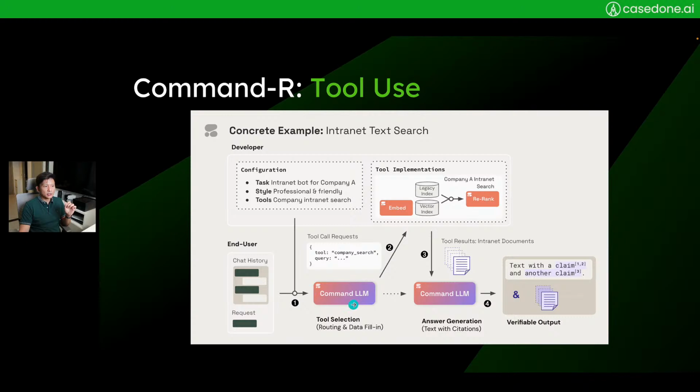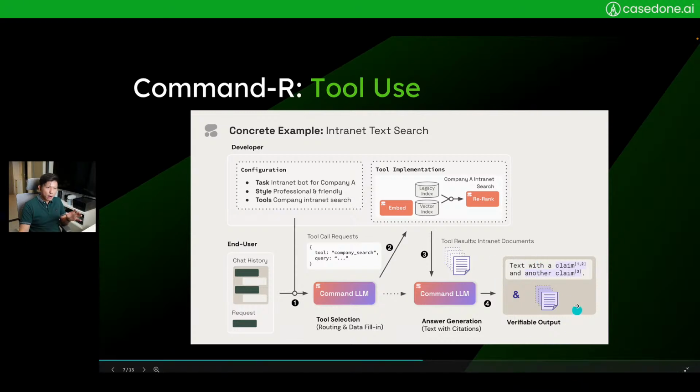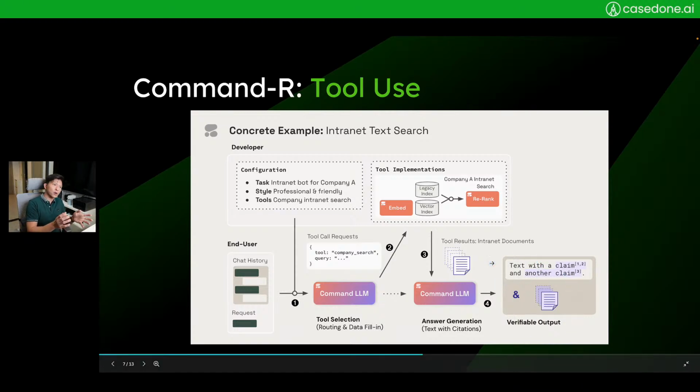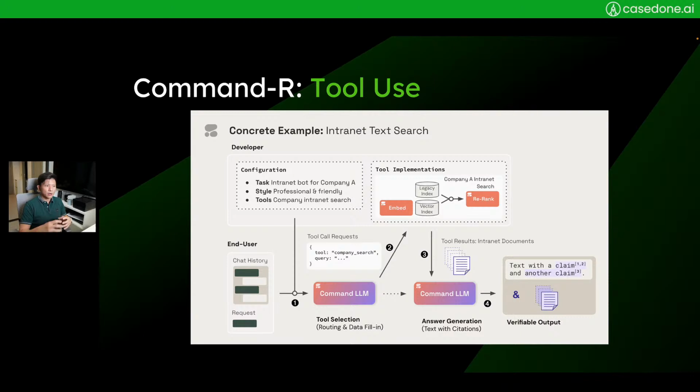For example, this model knows that it has access to a company intranet search tool, and if it decides that for this query it must do some search, it will trigger and pick that tool, search for something inside the company using an intranet search, get the answer from that search, and incorporate that answer into a final prompt before it forms its own final output to the user. So this is the flow of how an agent, or a large language model that can act as an agent, can use tools.